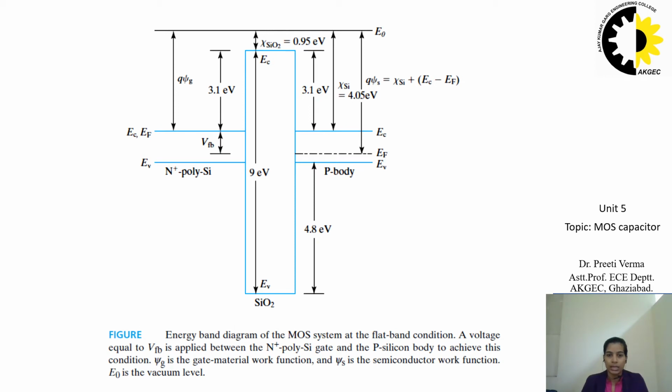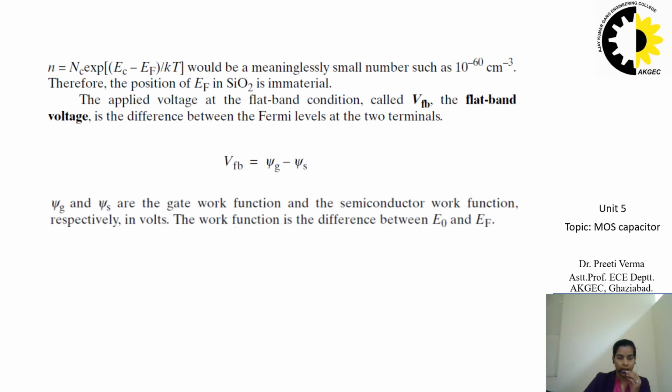If we place Ef anywhere around the middle of the gap, N equals Nc exponential of Ec minus Ef by kT would be meaninglessly small, such as 10 raised to the power minus 60 per centimeter cube. Therefore, the position of Ef in SiO2 is immaterial.